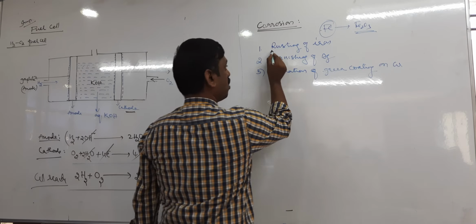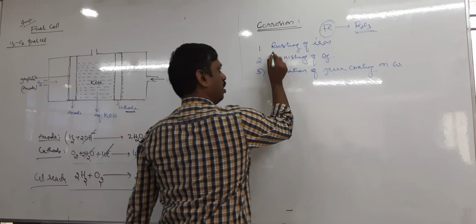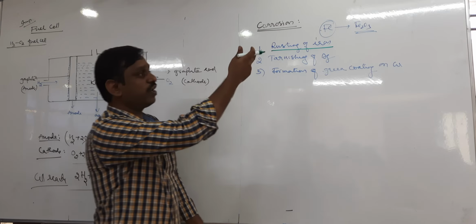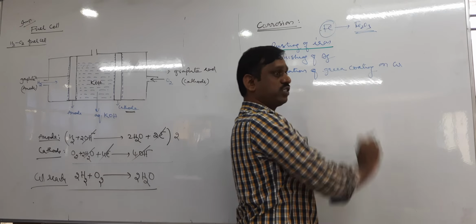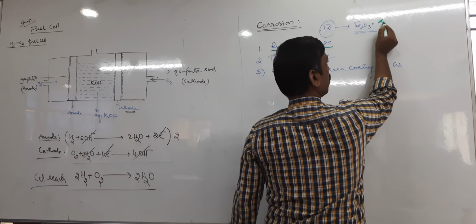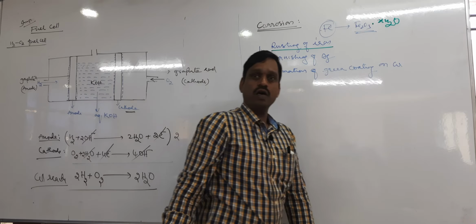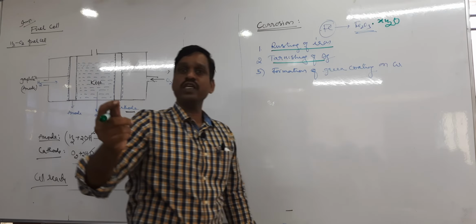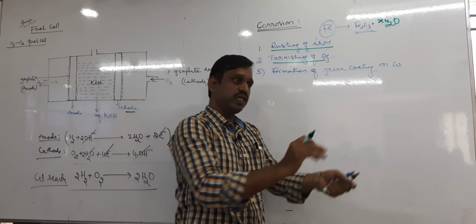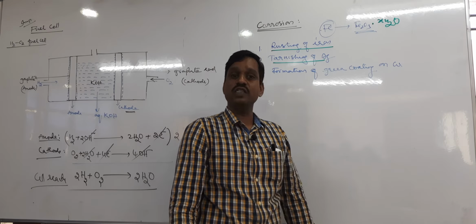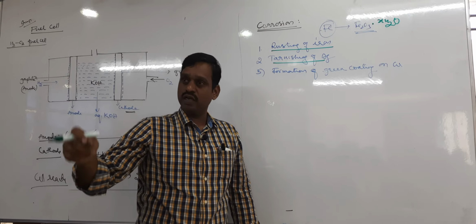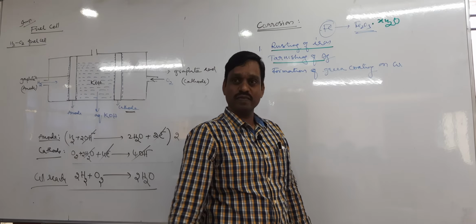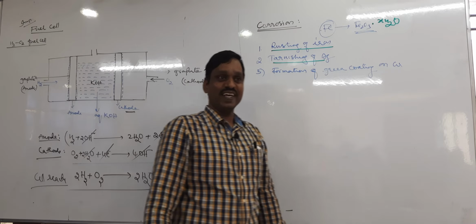One is rusting of iron. This is very common and you might have seen it. Iron converts into ferric oxide. Ferric oxide is the formula of rust: Fe2O3 xH2O. It is called rusting of iron. Second one is tarnishing of silver. When silver is used for a long time, you might have observed a black coating formed on silver, which is given for polishing again.